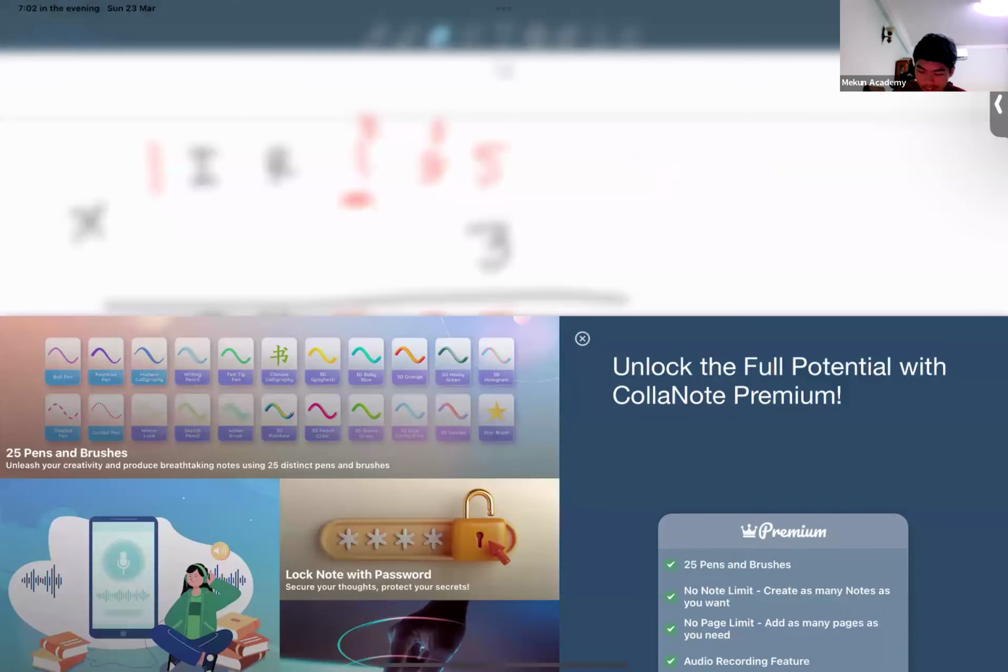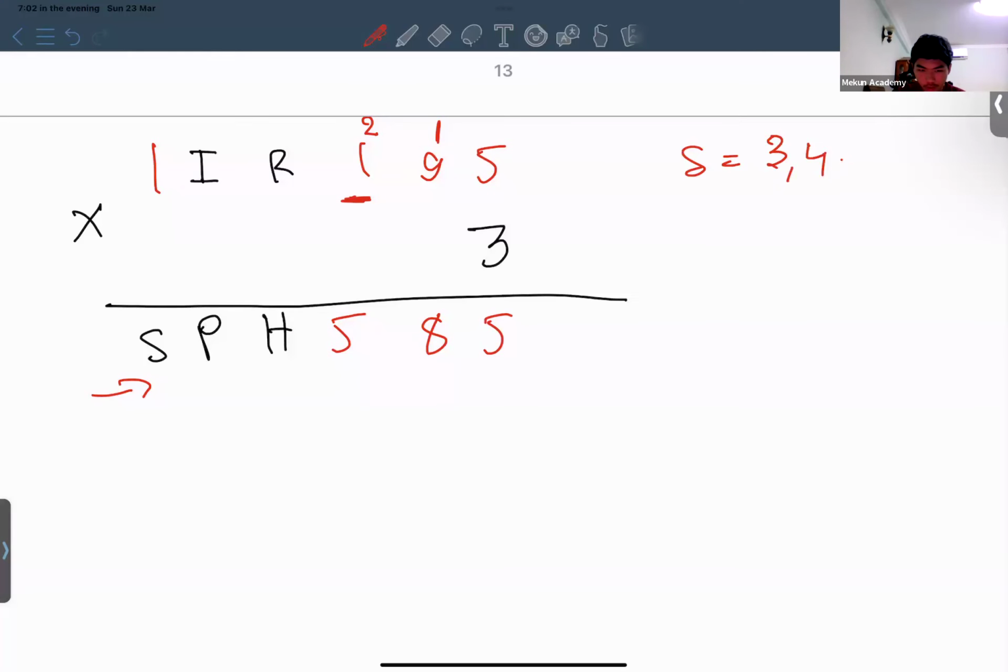So S could be 3, 4 or 5, but S cannot be 3 or 4 because, as you can see from before, like the example of H and P, it could be 4 or 5.